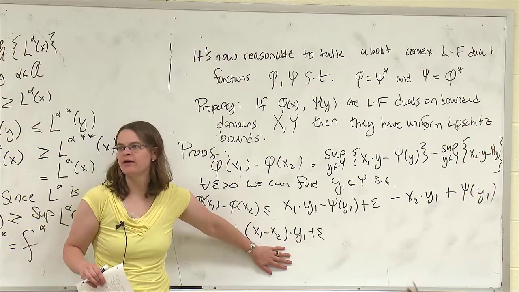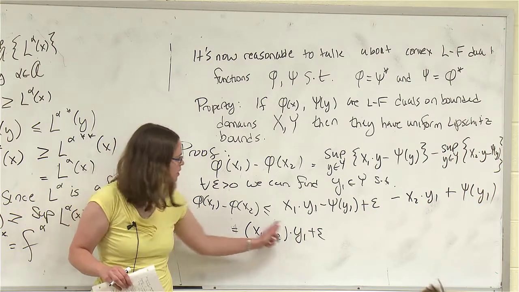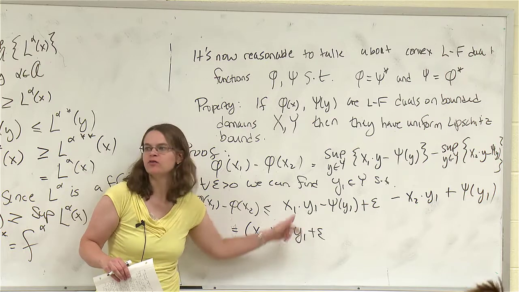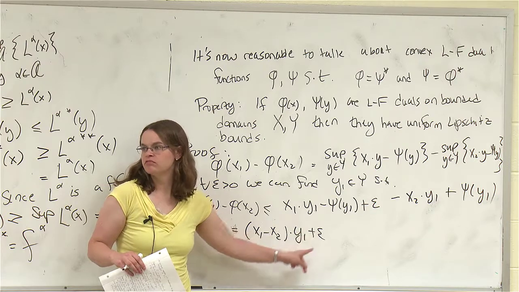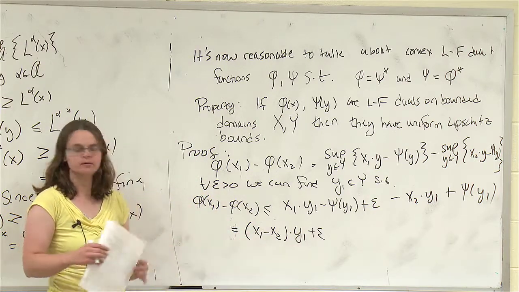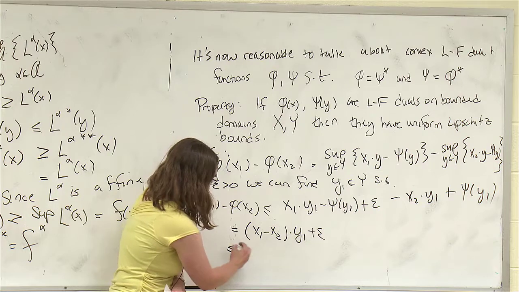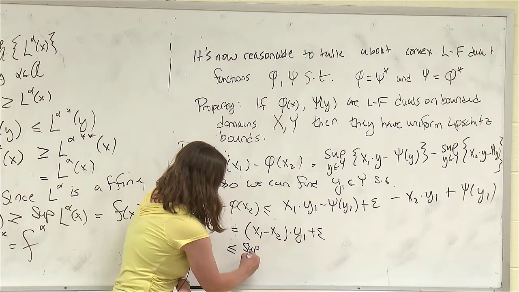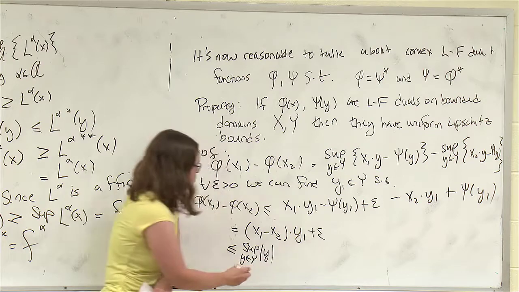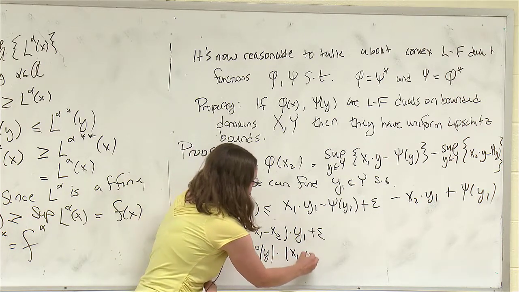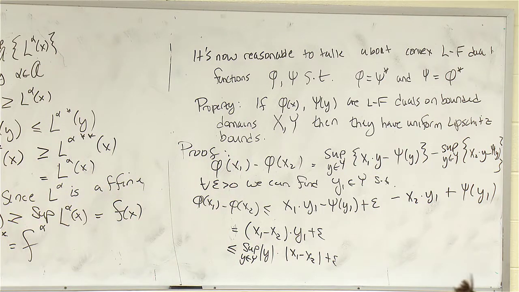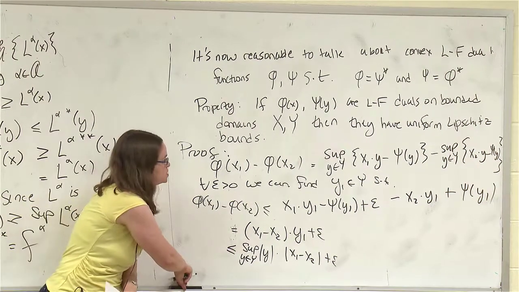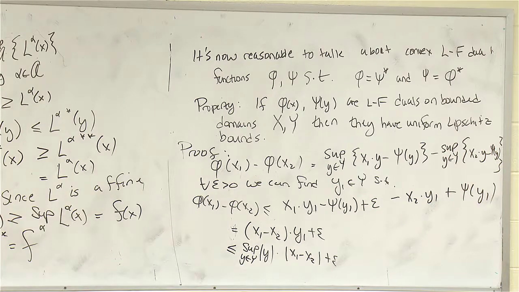Okay, this we know we can get bounds on. This is bounded by the norm of this times whatever the biggest value this might ever take on in magnitude is. This is constrained to live in some bounded set y. Capital Y we said was bounded. That's important. So this is less than or equal to the supremum of all y values times x1 minus x2 plus epsilon. Right, that works for any epsilon, right? So I can take epsilon to 0, and I still have this inequality in the limit.